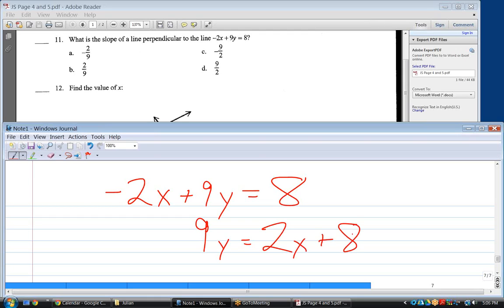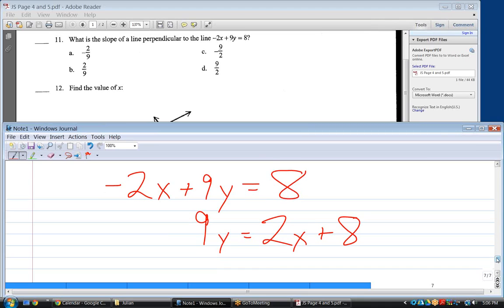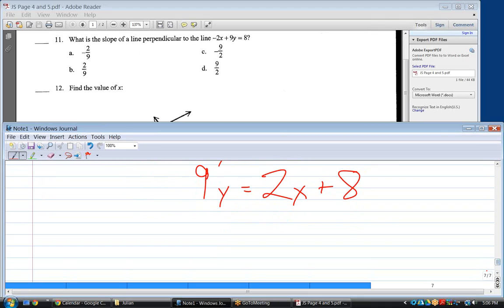Okay, now what? Divide. Do you try to get the y by itself? Yeah, we're trying to get it into y equals mx plus b format. If we can get it into y equals everything else, we'll know what the slope is. So divide by 9?